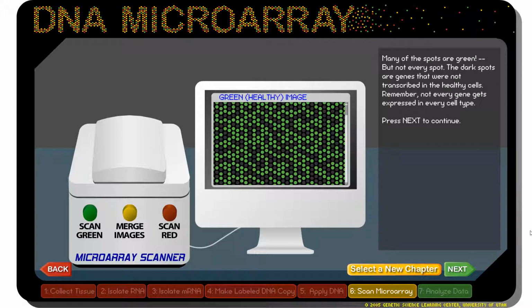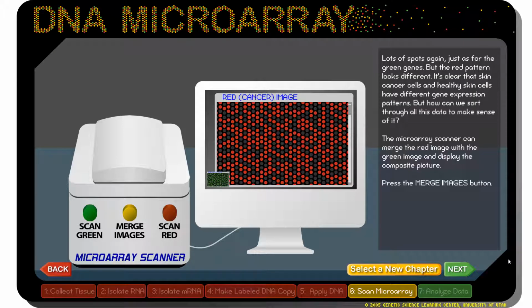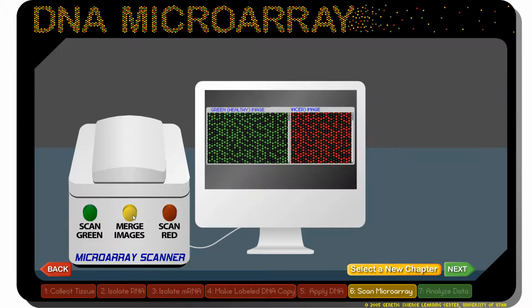Okay, there are lots of green spots here, but of course, not all are green. These are the ones that are active in normal cells. Let's now look at the genes that are active in cancer cells. Then we will know the common spots for both. These now look yellow.